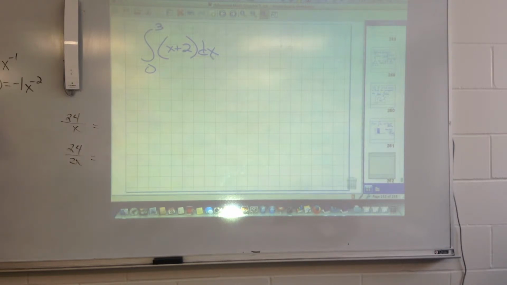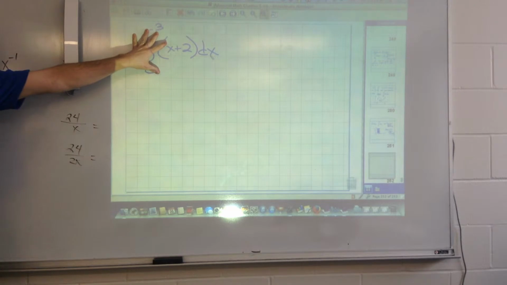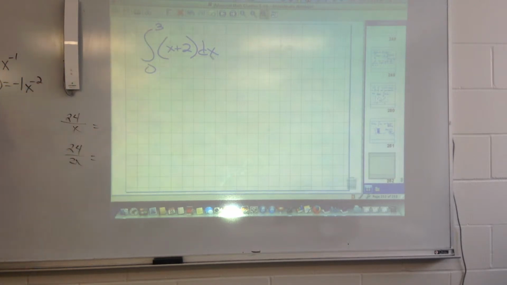Yep. The biggest thing I'm trying to get across in these type of problems is for you to understand that when you see this, you're finding the area under that curve from 0 to 3. That's what it can be when everything's above 0, which I'm giving you ones where everything will be above 0.